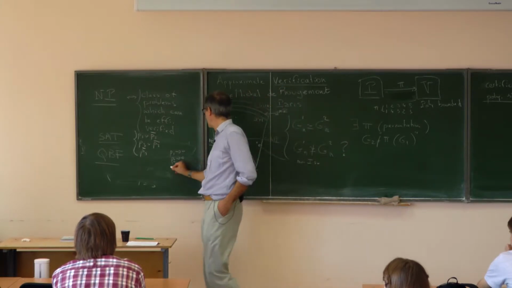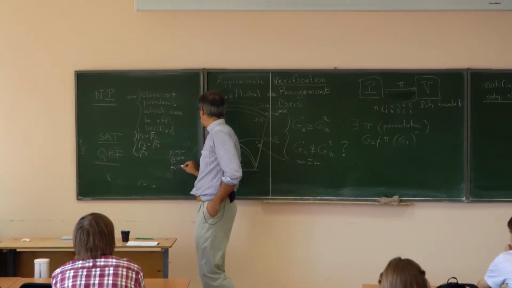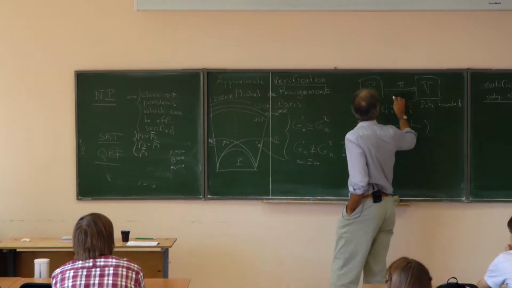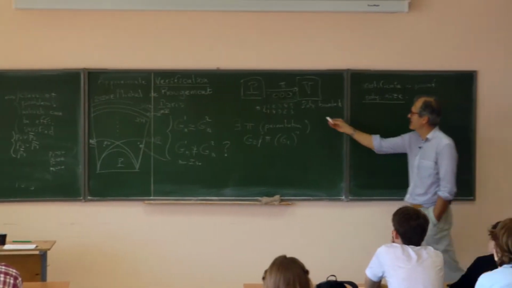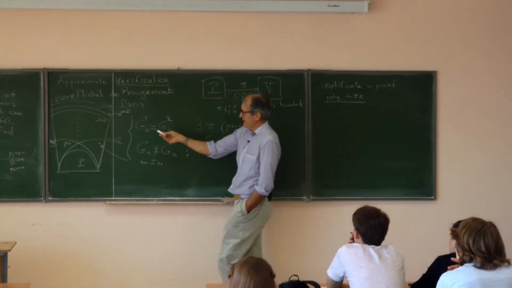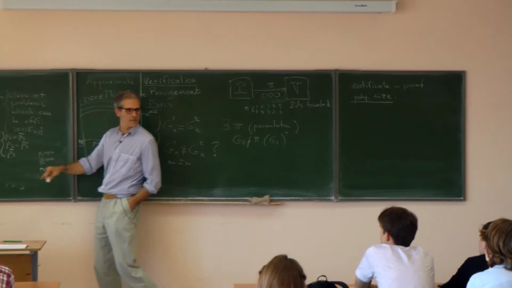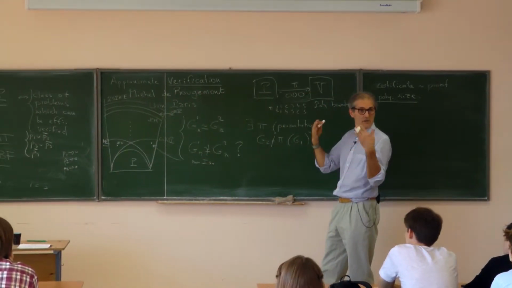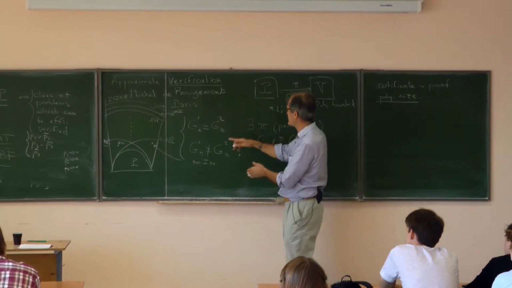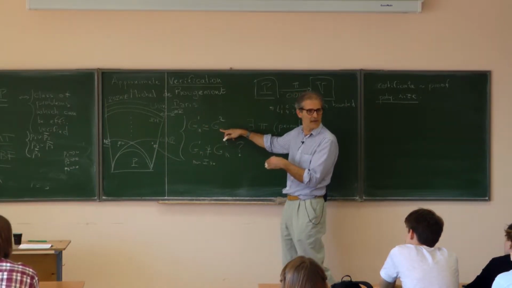Correct? So for example, 0, 0, 0 is a satisfiable assignment. Okay, if you give me this, all I do is that I evaluate each formula, and it's true. Okay, fine.